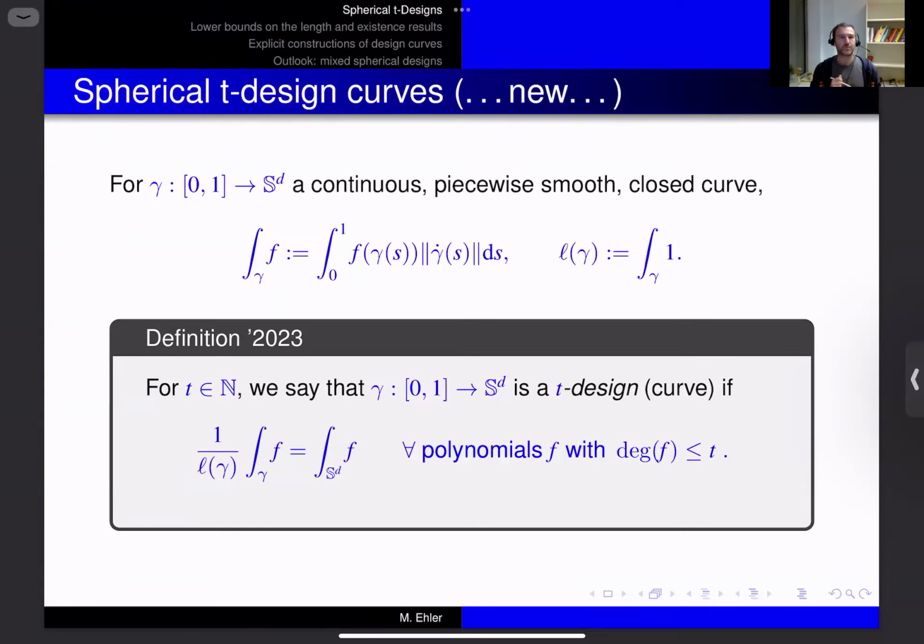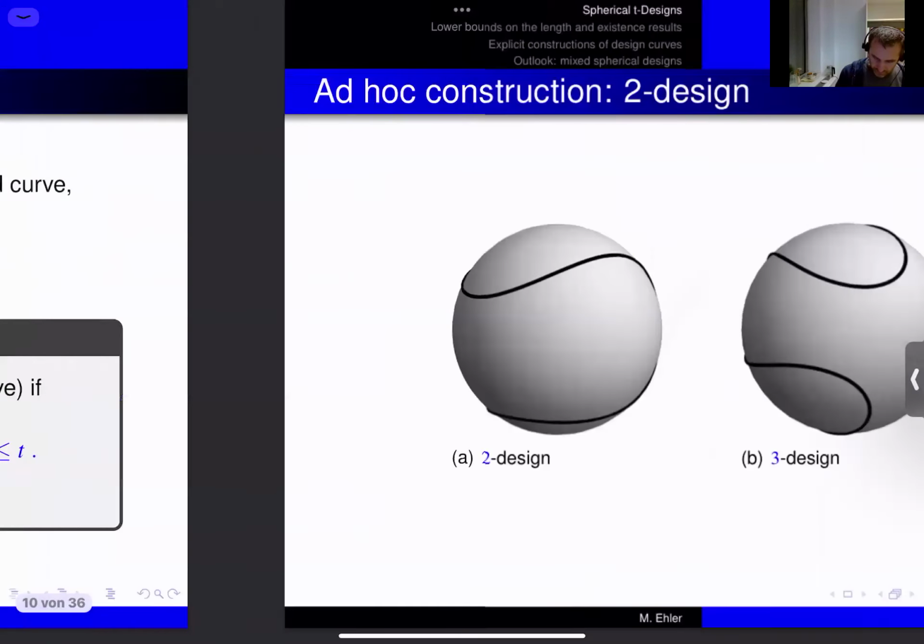That's not very much. And then if one plays around a little bit, it's not very hard to see that any great circle on the sphere is indeed a one design curve. Okay, so for t equals 1, there is an example. These are essentially some symmetry conditions that are at work here.